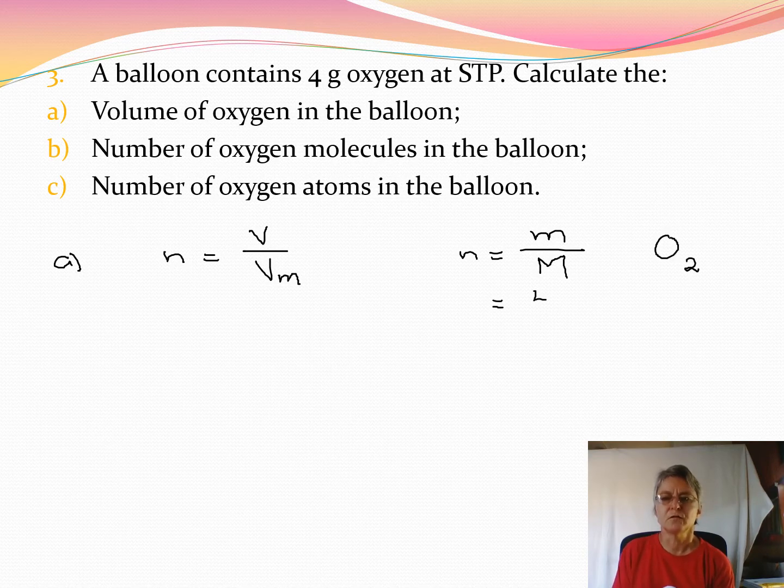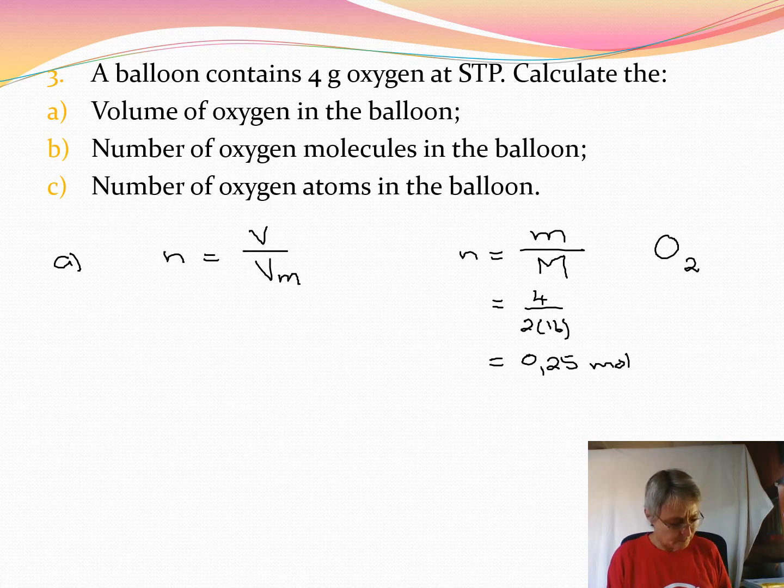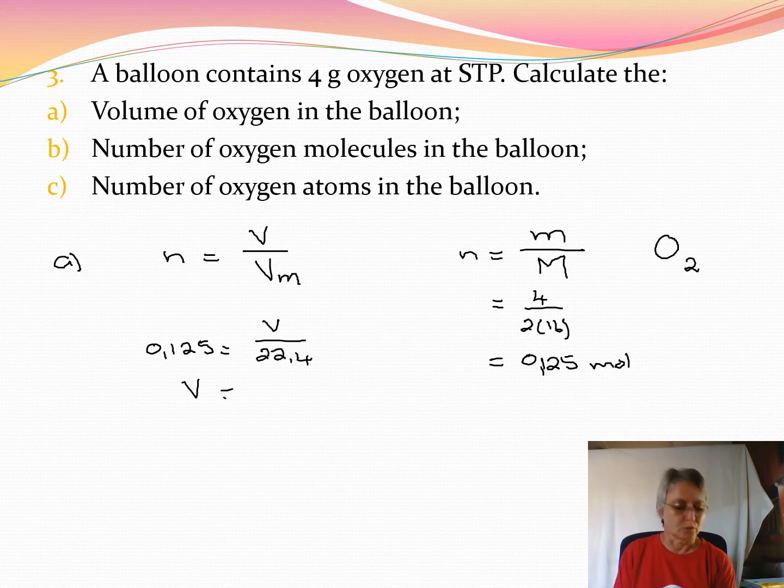So it's 4 divided by 2 times 16. Let me just check myself. 4 divided by 32 is 0.125 moles. Yes. So 0.125 equals volume over 22.4. So the volume would be 2.8 cubic decimeters.